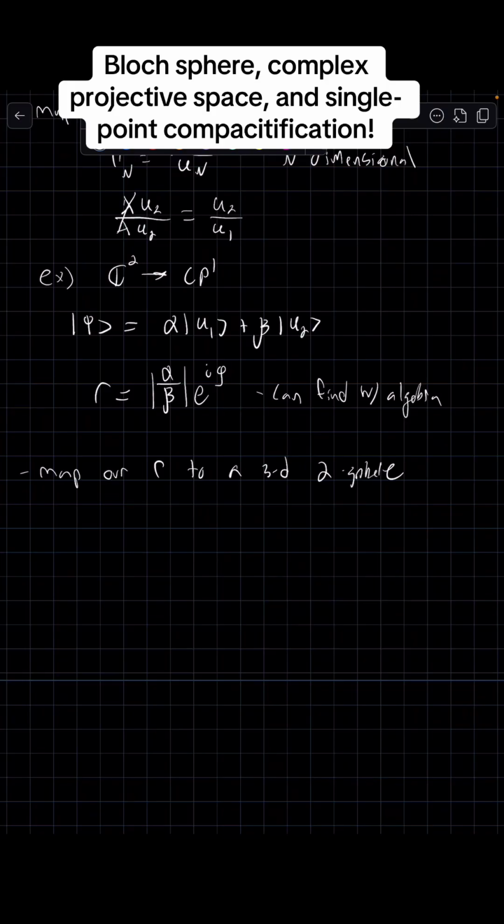And the way we do that is, each R is a point on the complex plane, C1.